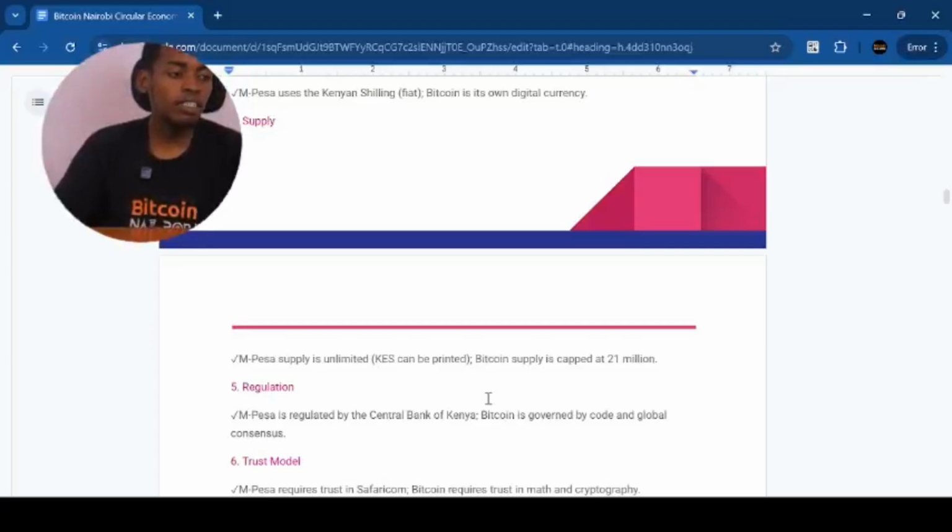M-PESA is using a supply that is unlimited, infinite, versus 21 million. So there's this endless money printer. They are printing money out of thin air. But for Bitcoin, it's only 21 million coins.